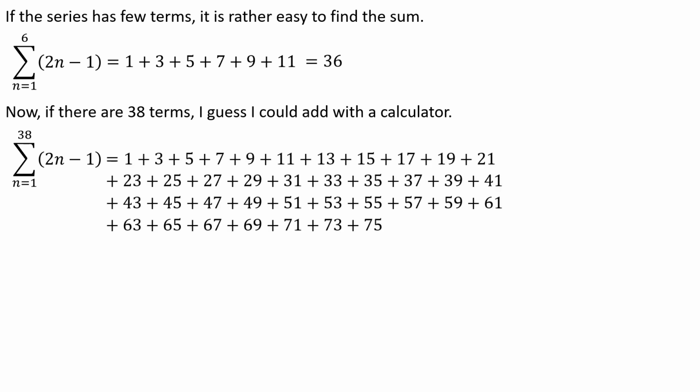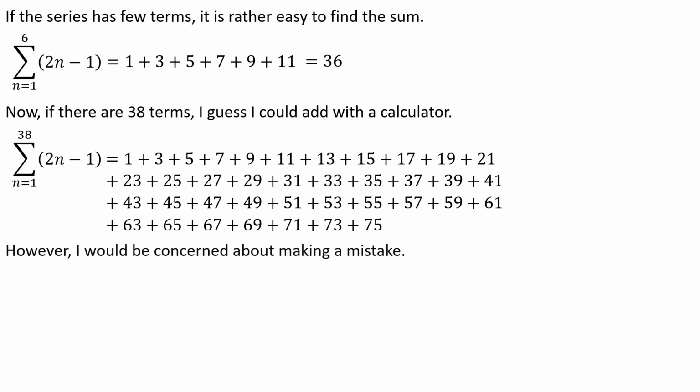Well, if I plug in 38, 2 times 38 is 76. 76 take away 1 is 75. Oh my goodness. So the last number is 75. So I'd have to do 1 plus 3 plus 5 plus 7, keep going until I finally get to that plus 75 at the end.